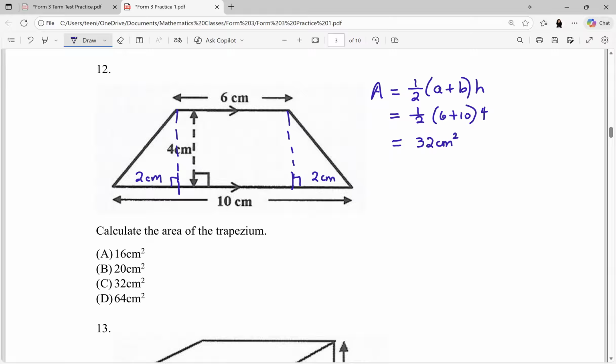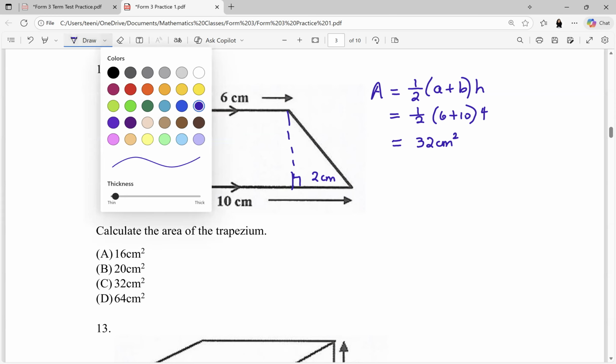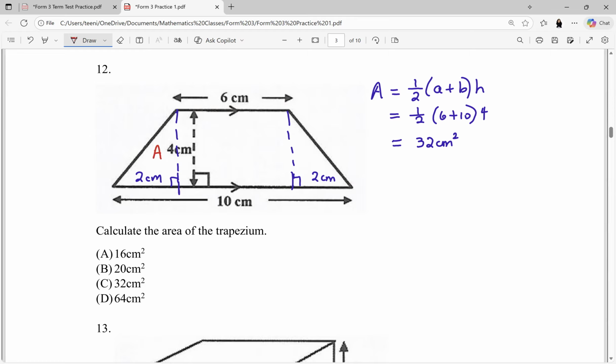Now, if I were to instead split the shape up into, let's say, A, B, and C, where the 2 identical triangles are A and C, and the rectangle is B, I could find the area of each triangle and add it to the area of the rectangle. So the area of A would be equal to, the formula for the area of a triangle is base times height divided by 2.